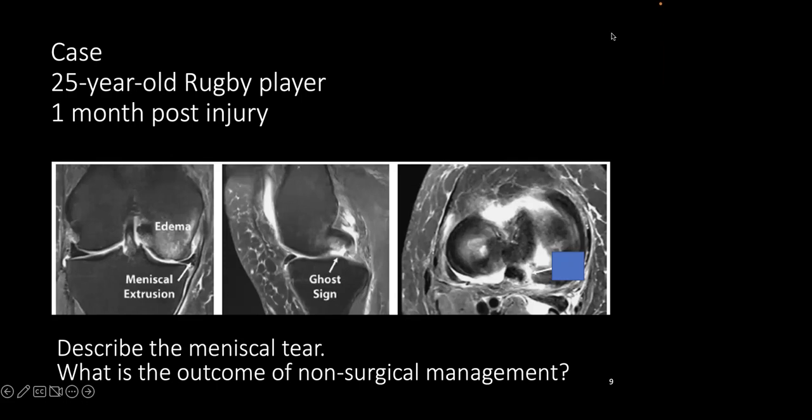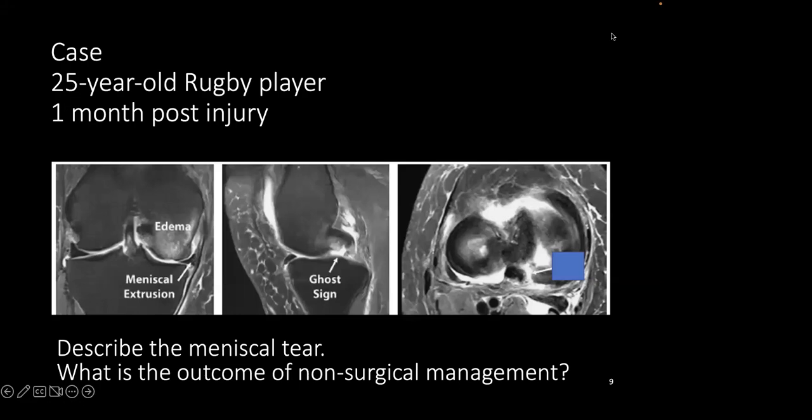Okay, so this history has shown one month post injury, three cuts of an MRI. It shows medial compartmental distal femoral condyle edema, as indicated there. The pictures are quite small.